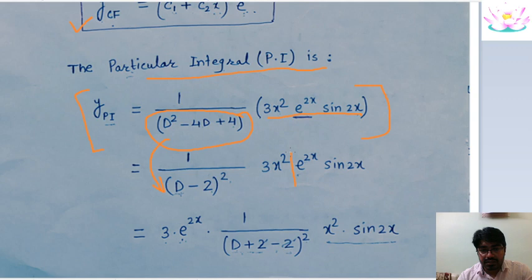Here a is 2, then D will be replaced by D plus 2. As you can see, (D plus 2 minus 2) whole square, and this exponential term will come before the function. 3 will also come before the function because 3 is constant, so not a big deal here.